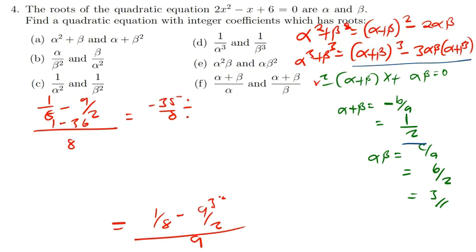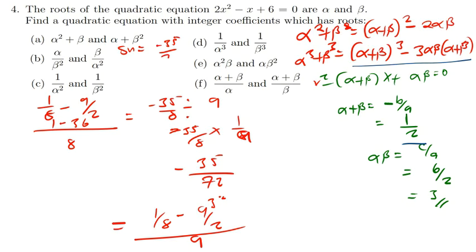Then you divide it by 9, which is the same as negative 35 over 8 times 1 over 9, which gives us negative 35 over, 8 times 9, I'll end up having 72. That's the sum. So the sum is negative 35 over 72.